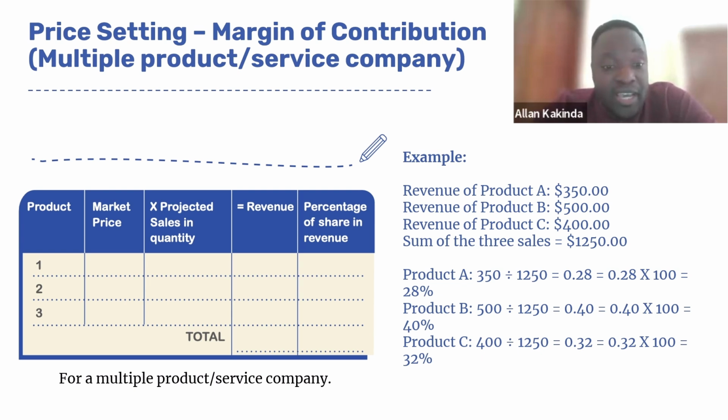Do the same for the second product, you get 40%. Do the same for the third product, you get 32%. The 28%, 40%, and 32% are the percentage shares that they contribute to the revenues. And we are going to use these then to be able to compute the margin of contribution.